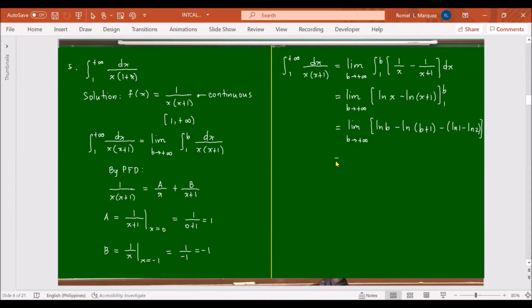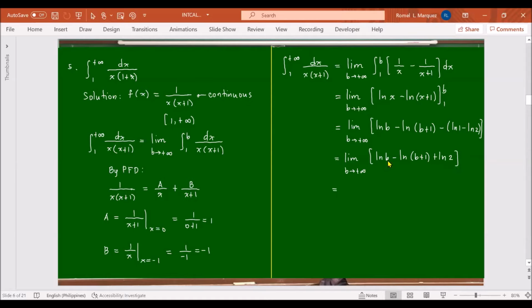Simplifying this, we get the limit as b approaches positive infinity of ln b minus ln of b plus 1, then minus ln 1 is 0, so minus minus, this is now plus ln 2.